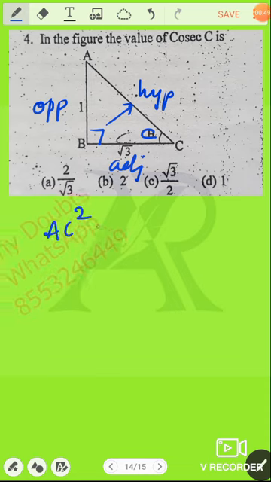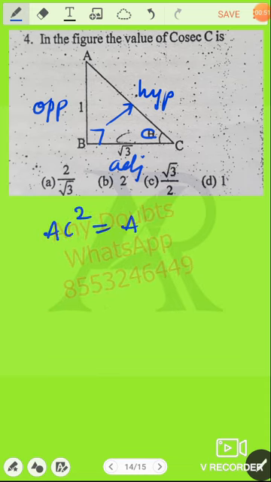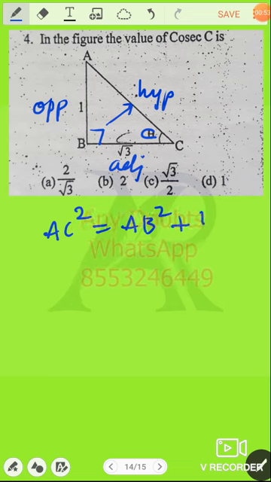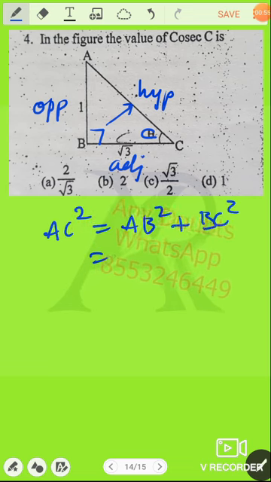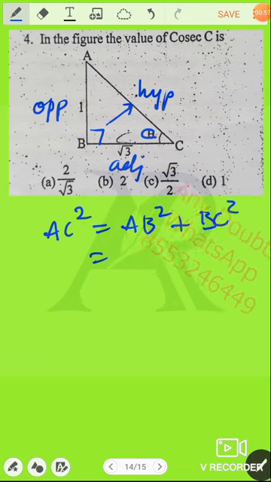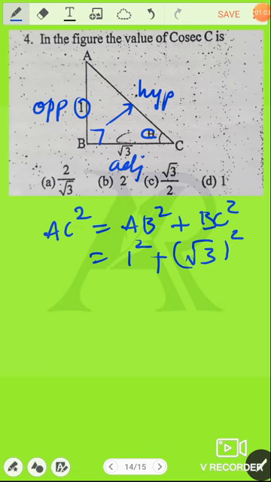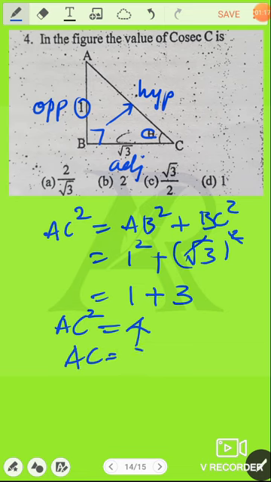Therefore, by Pythagoras theorem, I can write AC square is equal to AB square plus BC square. The value of AB is 1. 1 square I will write. BC is root 3. Root 3 whole square it will become. Root and square will get cancelled. 1 square is 1 plus 3. 1 plus 3 is 4. We have AC square equals 4. Then the value of AC is 2.